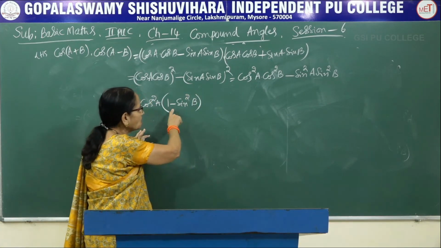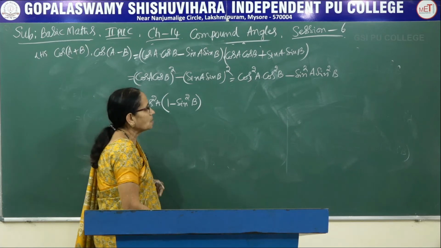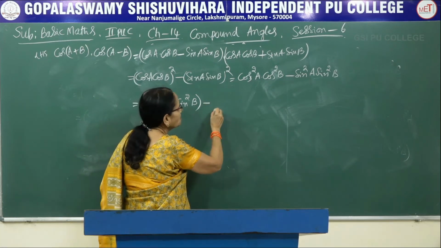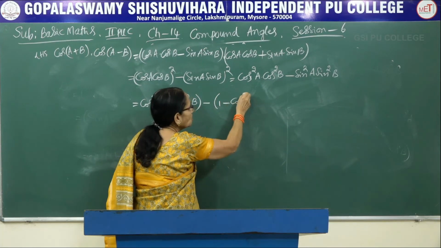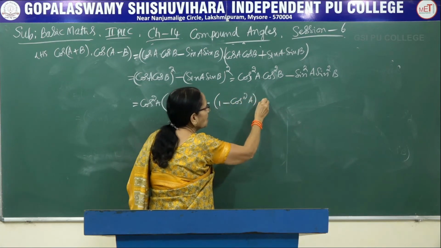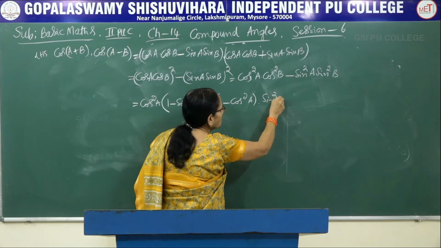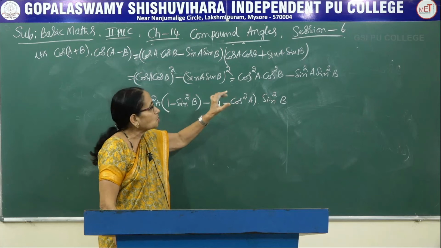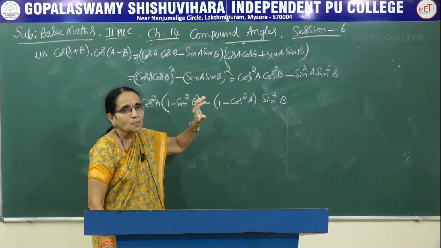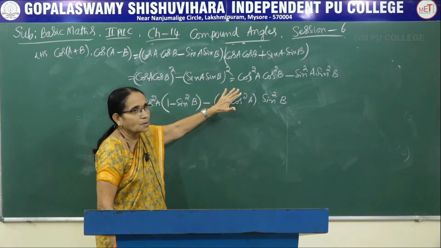Whenever two terms and the negative sign is there, always write inside the bracket. Minus sin square A, you write it as 1 minus cos square A, and write sin square B as it is. So after getting this, you have to look at the result. Whichever we need, you have to keep them as it is.